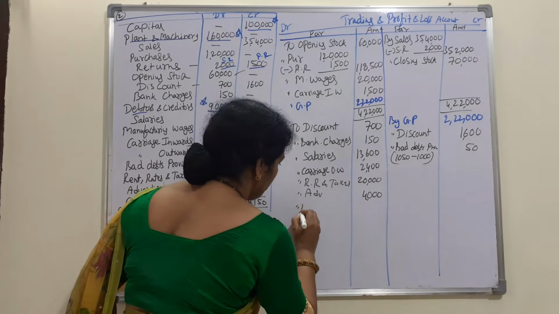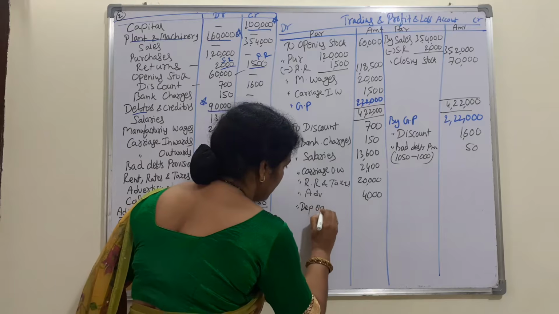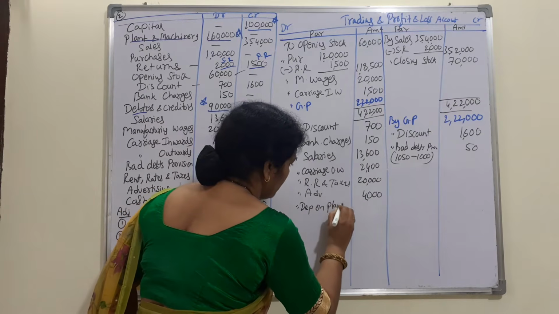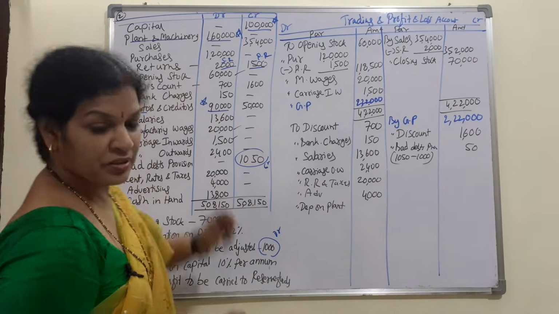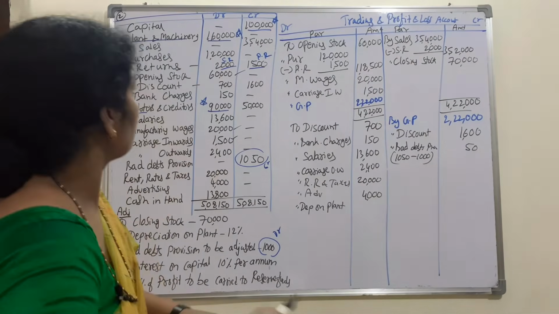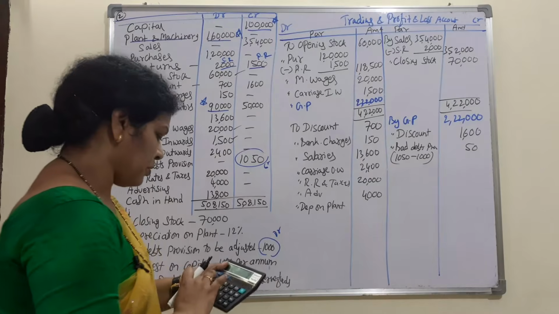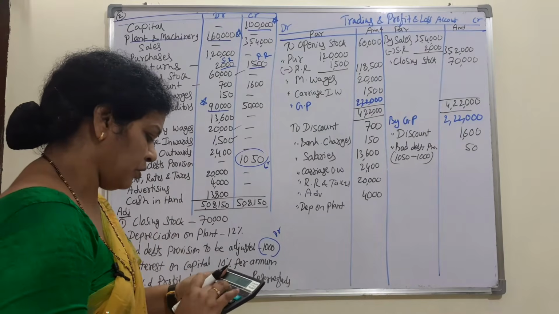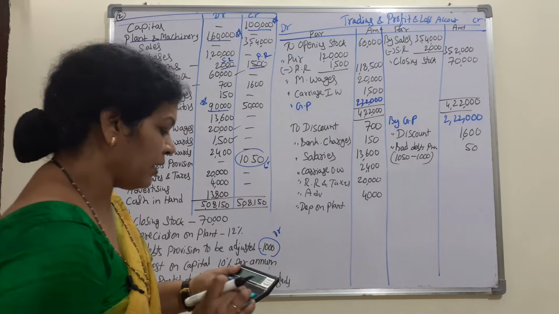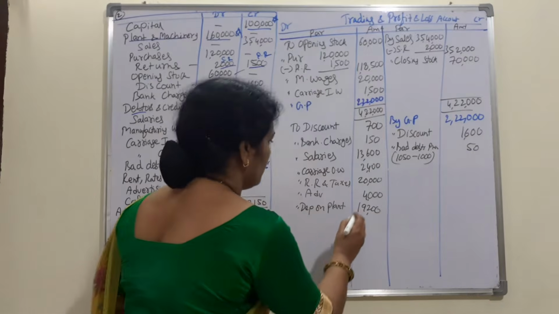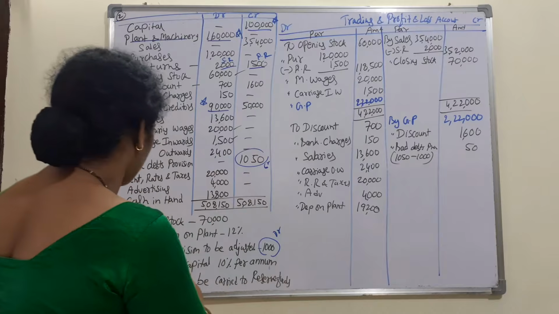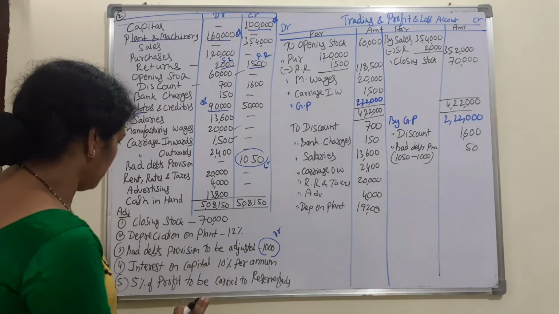So we'll say depreciation on plant. Plant is here 1,60,000. 1,60,000 into 12% comes to 19,200. Next, bad debts provision, this is already over.